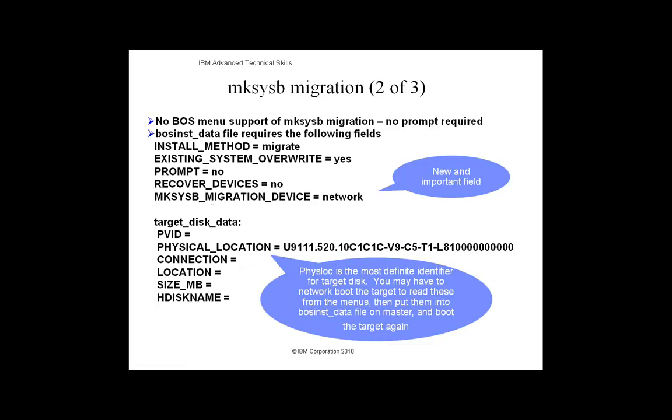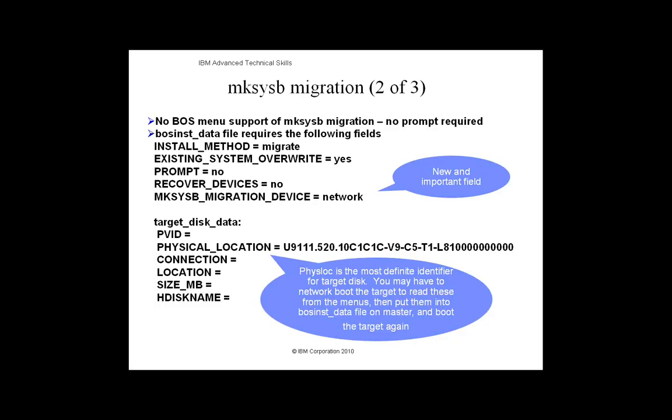Now, when I say no prompt, I have to specify target disk data stanzas. And I like physloc, physical location. I may have to boot up the new LPAR to SMS and do a network boot of the LPAR with a boot image, right? And leave prompted alone.